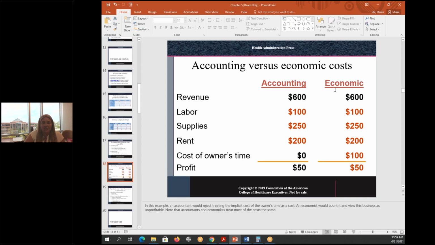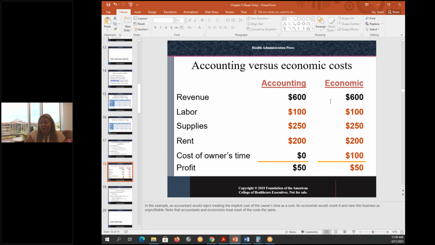Right here is a good example: here's accounting costs and here's economic costs. Your revenue is equal in both of these examples. Your labor is worth $100, your supplies are worth $250, your rent, which is your overhead, is $200. Cost of owner's time: from an accounting cost perspective, it's $0. From an economic cost perspective, it would be $100.